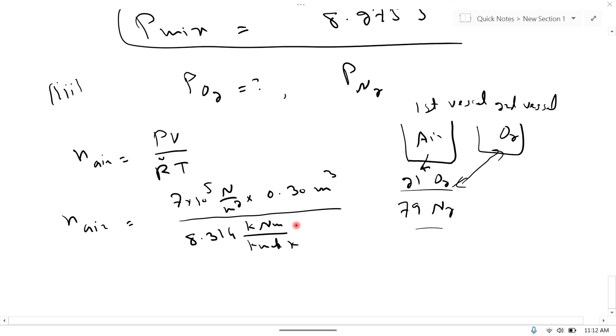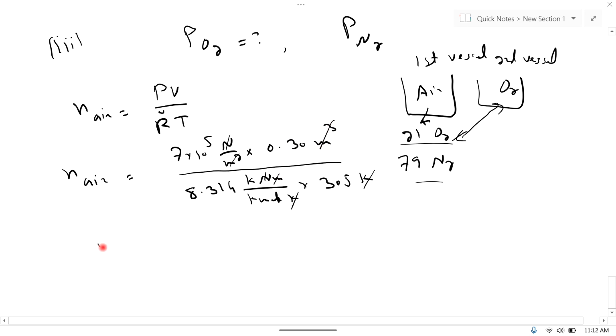This is basically the universal gas constant, and the temperature of air is 305 Kelvin. Now this Newton is cancelled with Newton, Kelvin is cancelled with Kelvin, and meter square and meter, this is meter cube, is cancelled with meter cube.